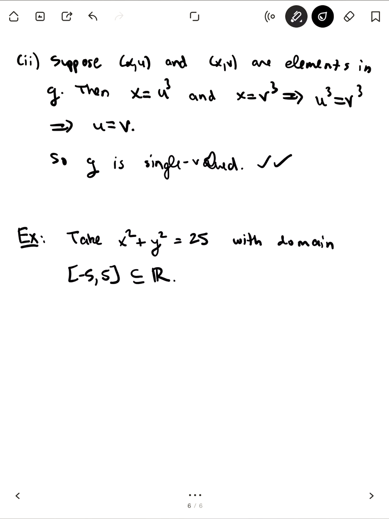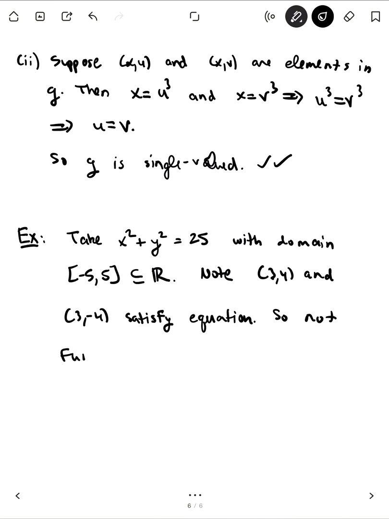So sure, you can plug in any number in between these two numbers for x, but this function is multi-valued, because note that (3,4) and (3,-4) satisfy the equation. So not a function. Okay, because this function is multi-valued.